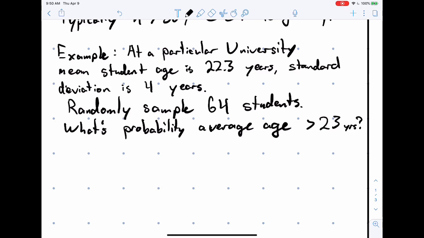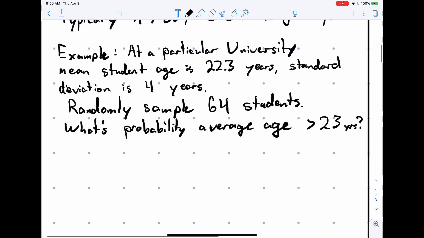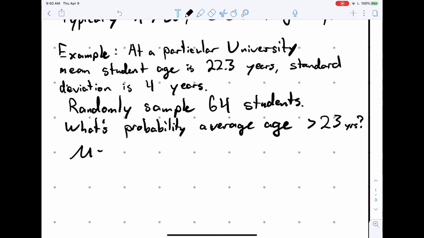You have to take the word problem and figure out what the symbols are. So mu here is 22.3. Sigma is equal to 4. The number of observations is n equals 64.